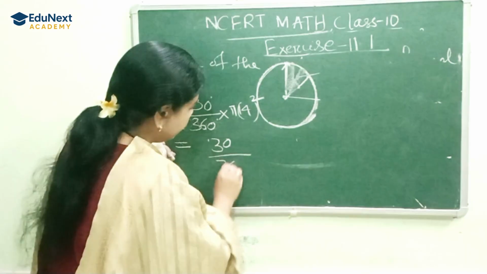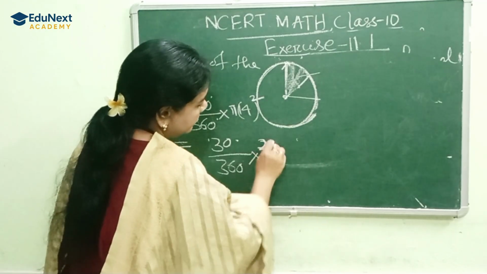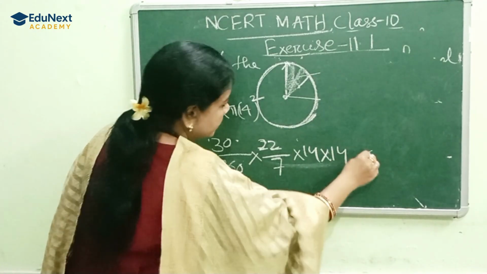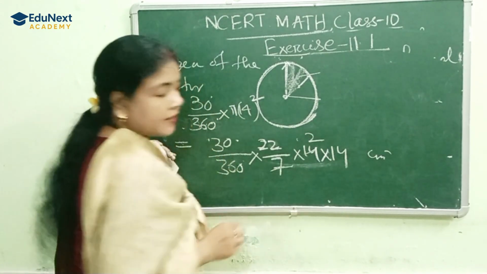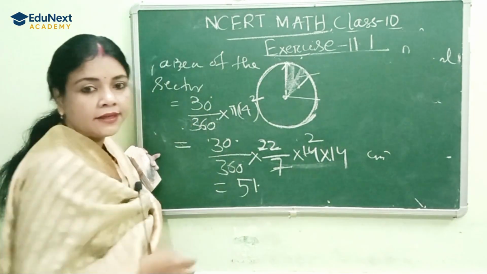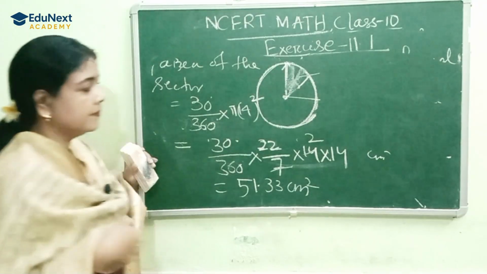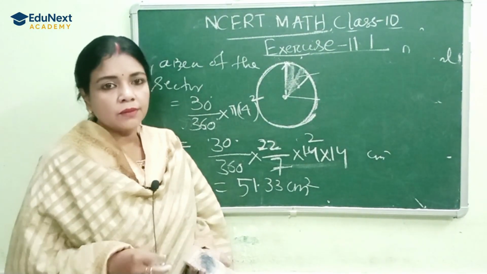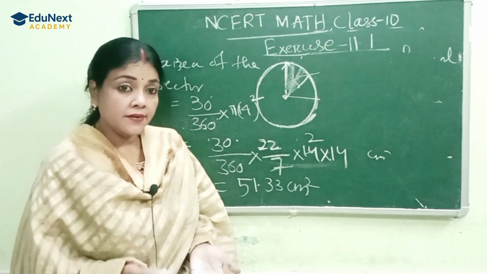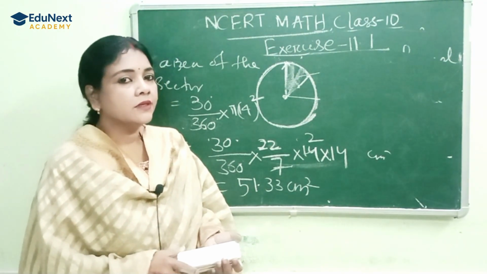Here I am taking 22 by 7 into 14 into 14 centimeter square. After calculation I got 51.33 centimeter square. Now I hope you understand this problem. You need to analyze the problem first: what to find and what is given. After finding all the parameters, you can solve the problem easily.